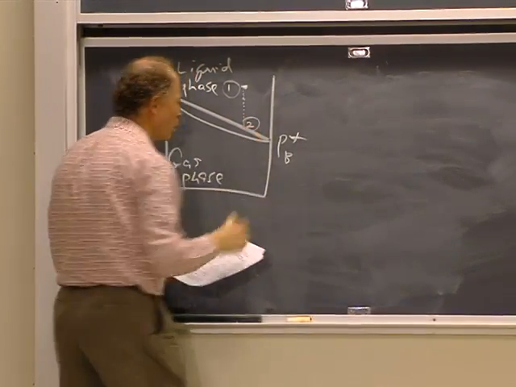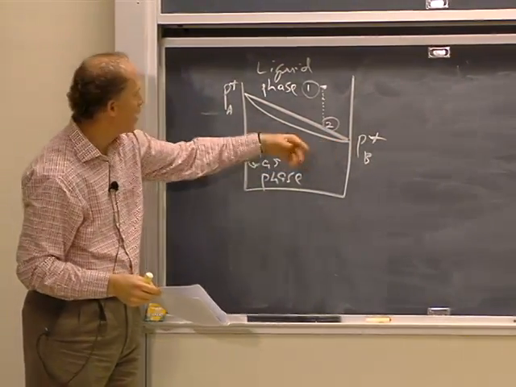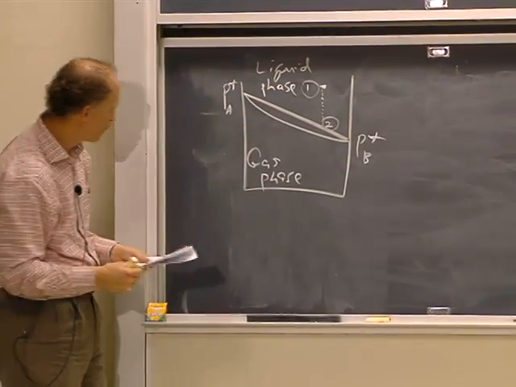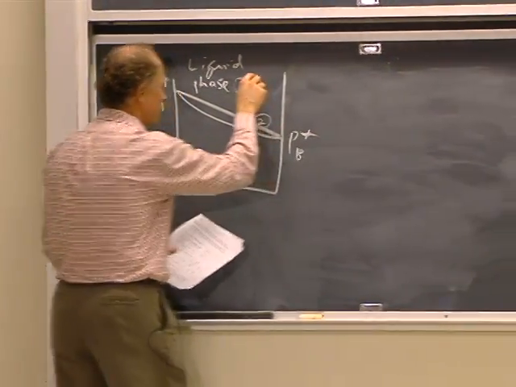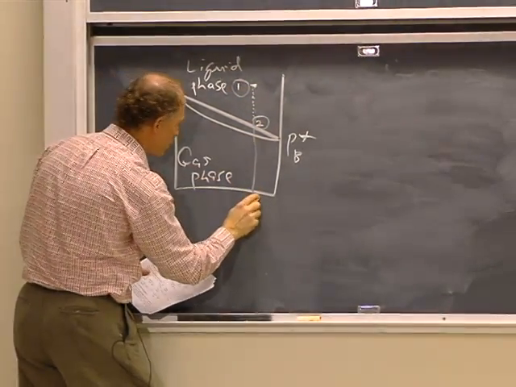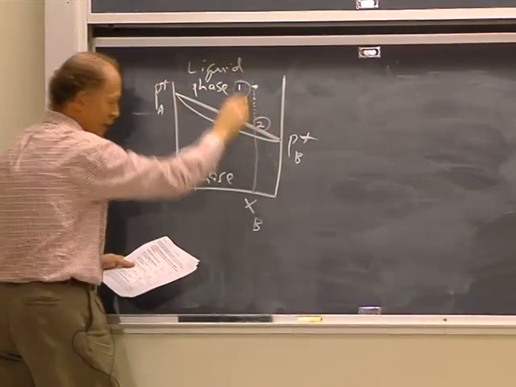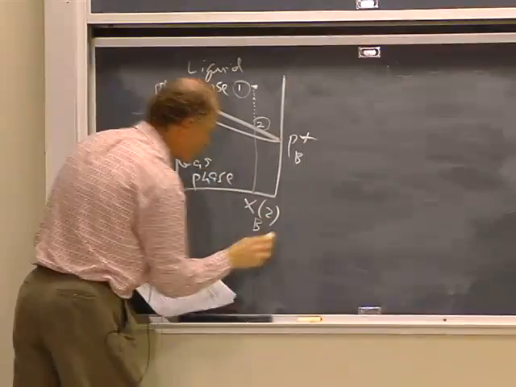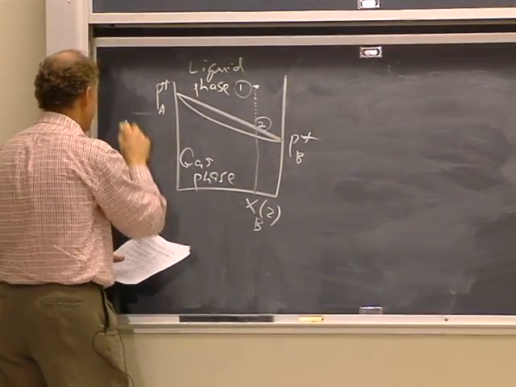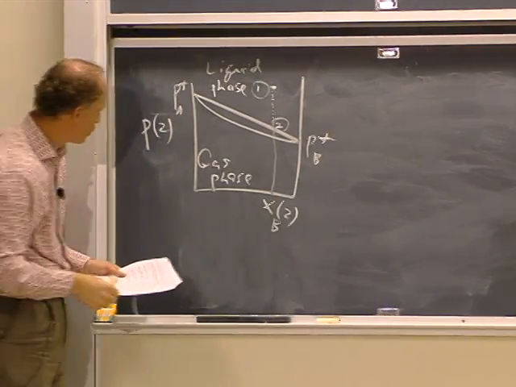And once we reach point 2, then we find a coexistence curve, right? Now the liquid and gas are going to coexist. Okay? So this is the liquid phase. That means that this must be xb, and it's xb in 1, but it's also xb in 2, and I want to emphasize that. So let's put our pressure for 2.